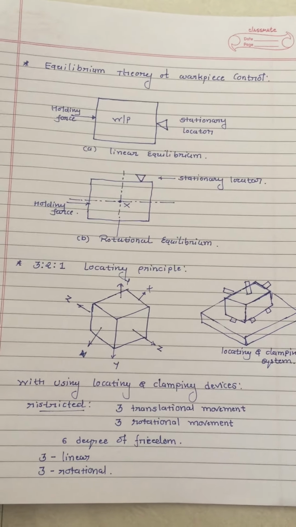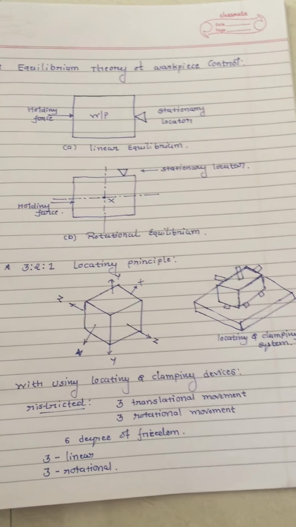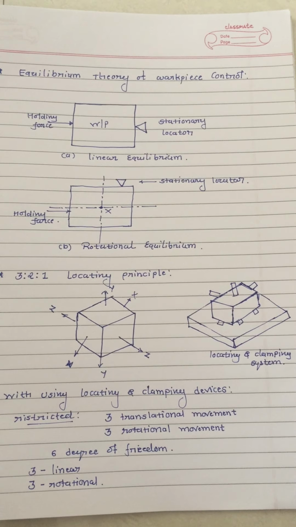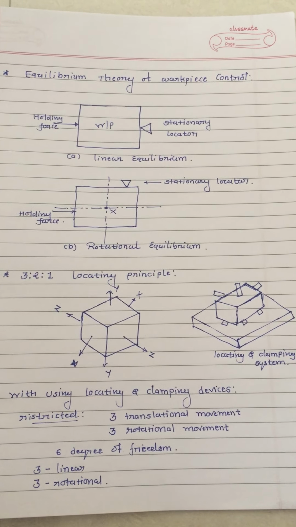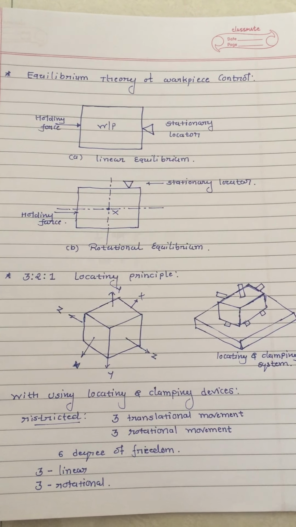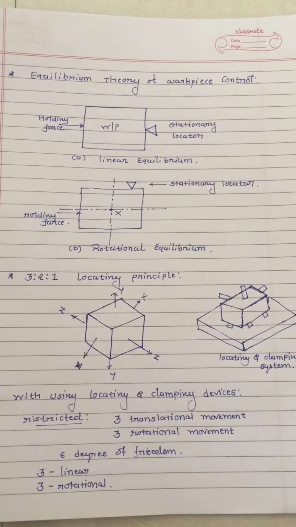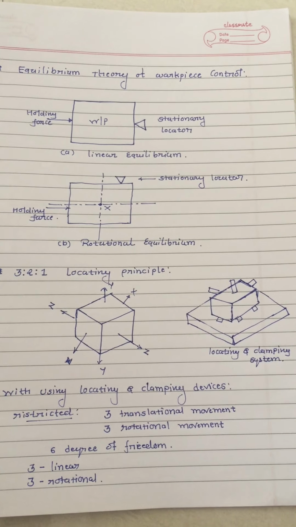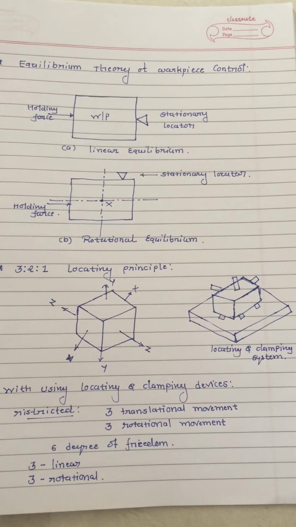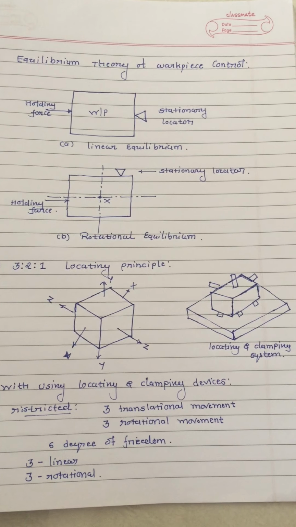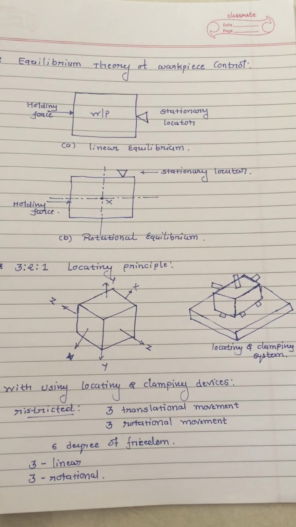So with 6 locating or clamping pins, we can restrict the 6 degrees of freedom of that workpiece. In the next lecture, we will discuss the 3-2-1 locating principle in a very detailed manner.